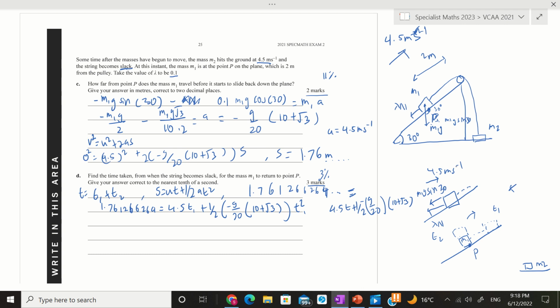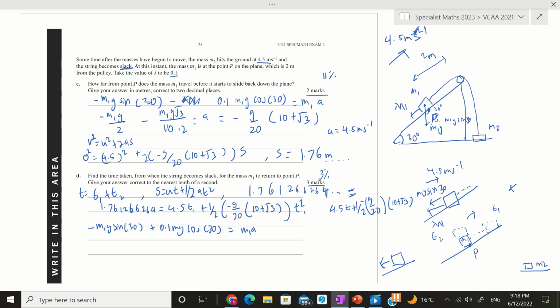So instead of minus m1g sine 30 minus that, I'm going to get minus m1g sine 30 plus 0.1 mg cos 30 is equal to m1a, right? Because now imagine what's happening to the mass as it falls back to point P. All the forces pulling it down are pulling it this way.